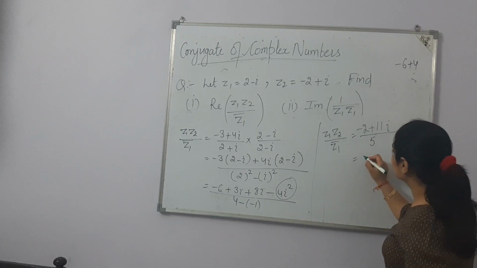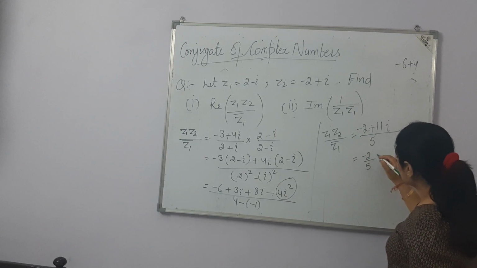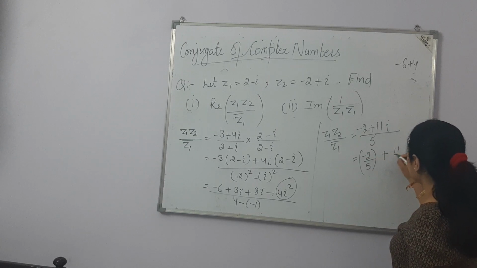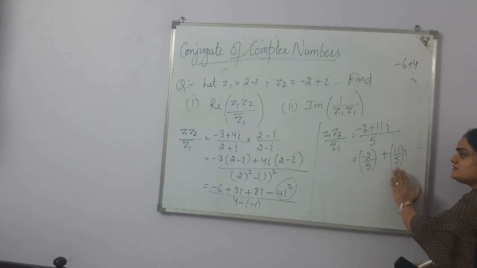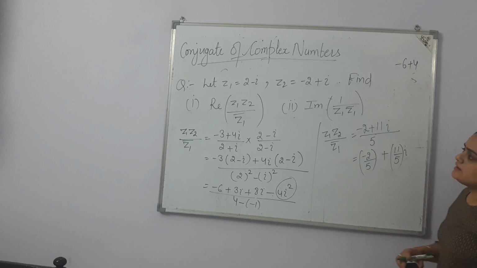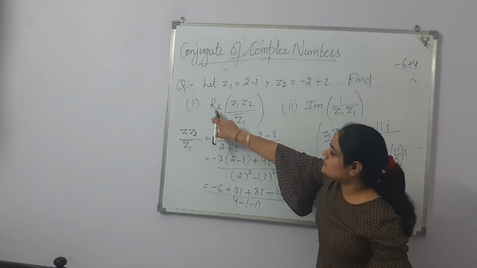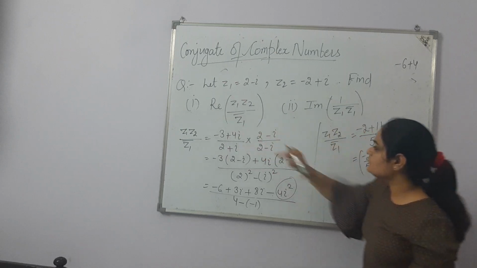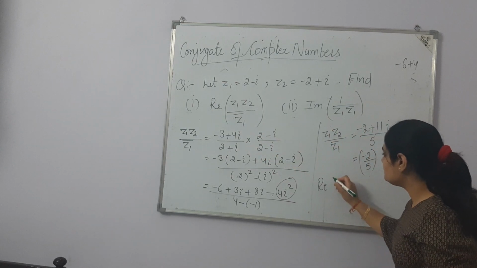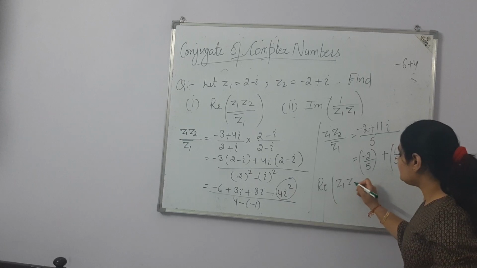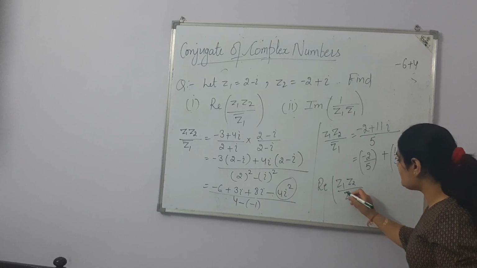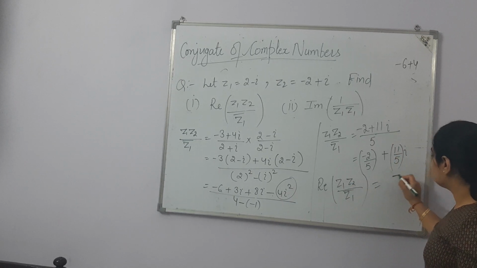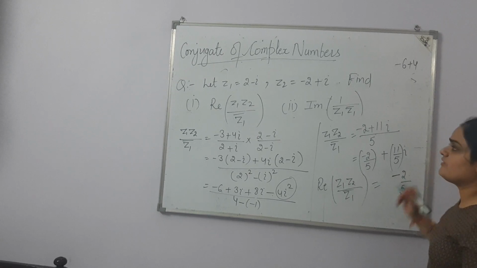So we have the value minus 2 by 5 plus 11 by 5 iota. This is your real part, this is your imaginary part. Now, what is the requirement of the question? He wants the real part of this. So the real part of z1 z2 upon z1's conjugate is minus 2 by 5.